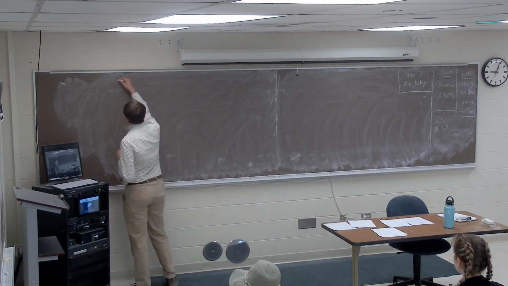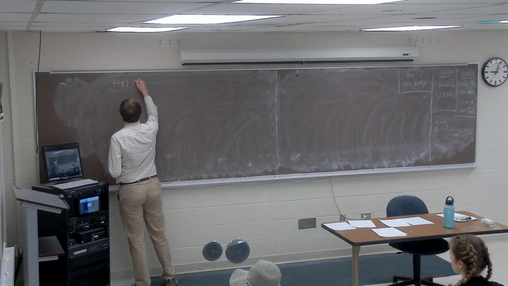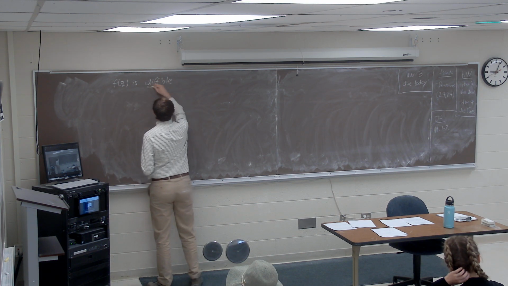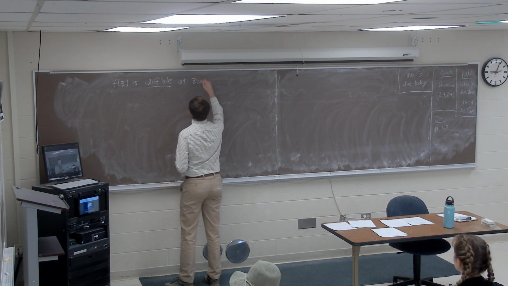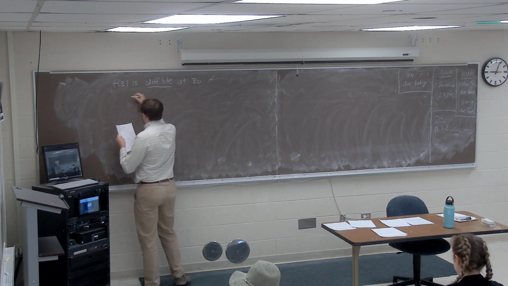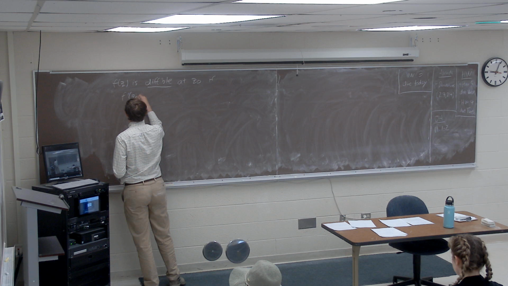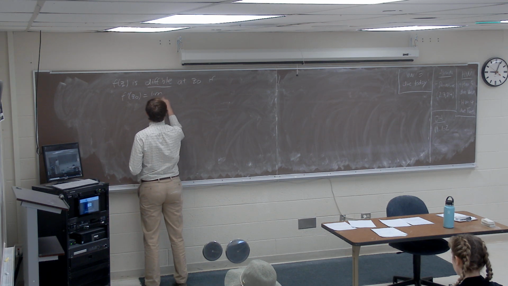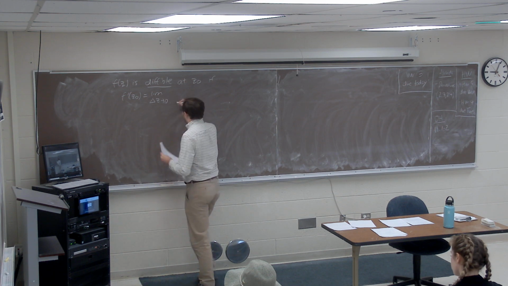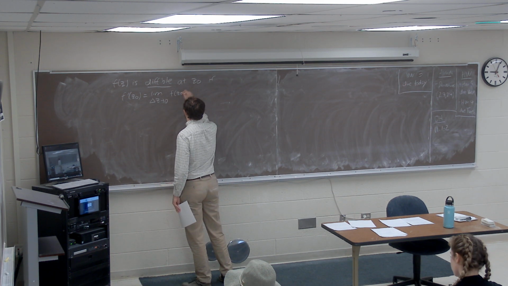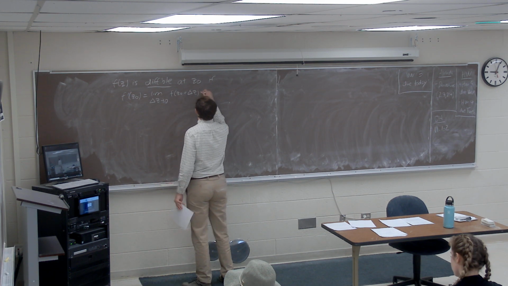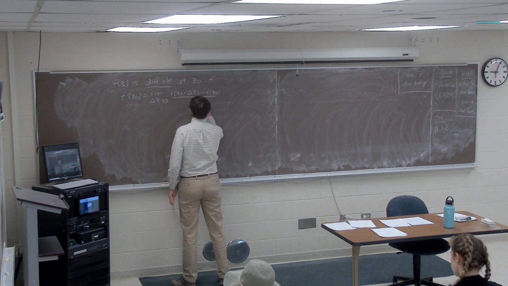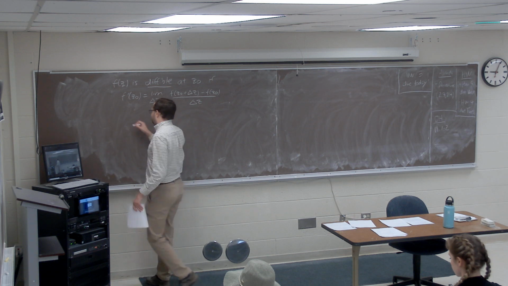So we're going to say that f of z is differentiable at point z naught if f prime of z naught, which we define to be the limit as delta z approaches 0 of f of z naught plus delta z minus f of z naught all over delta z, exists and is finite.